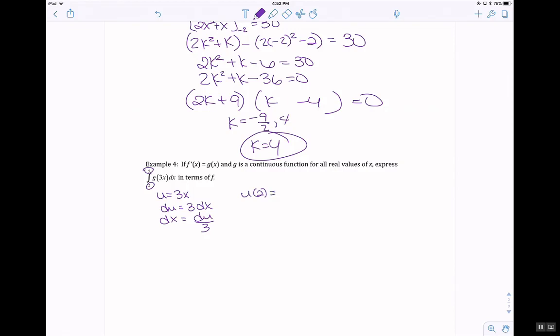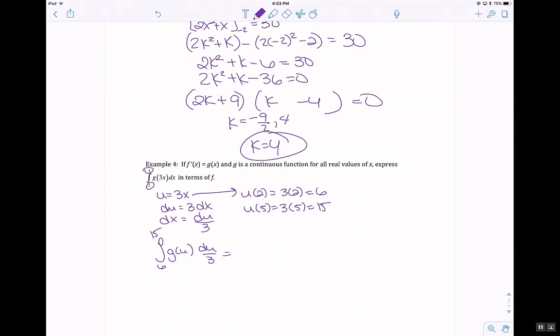So I need to find u of 2, and I need to find u of 5. So u of 2 is 3 times 2, comes from my u is equal to 3x here, so that's 6. And then 3 times 5, which is 15. So this is the antiderivative from 6 to 15, g of u du over 3.